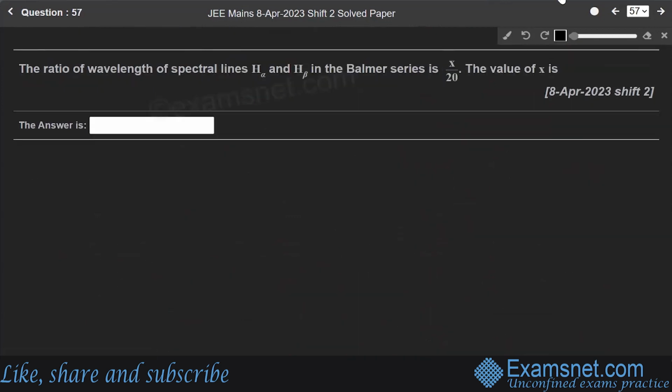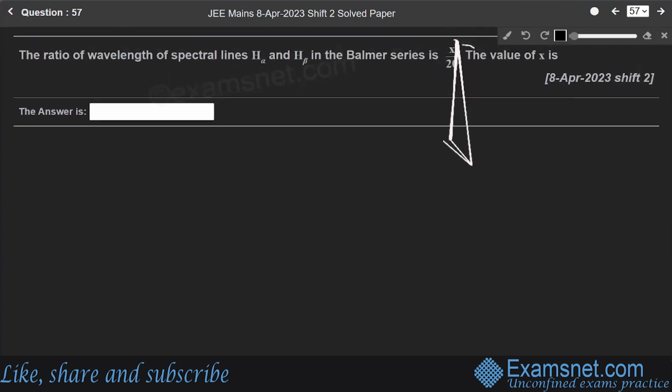Okay. Now the next question is question number 57. This question says that the ratio of wavelengths of spectral lines H alpha and H beta in the Balmer series is x by 20. We have to find the value of this x.